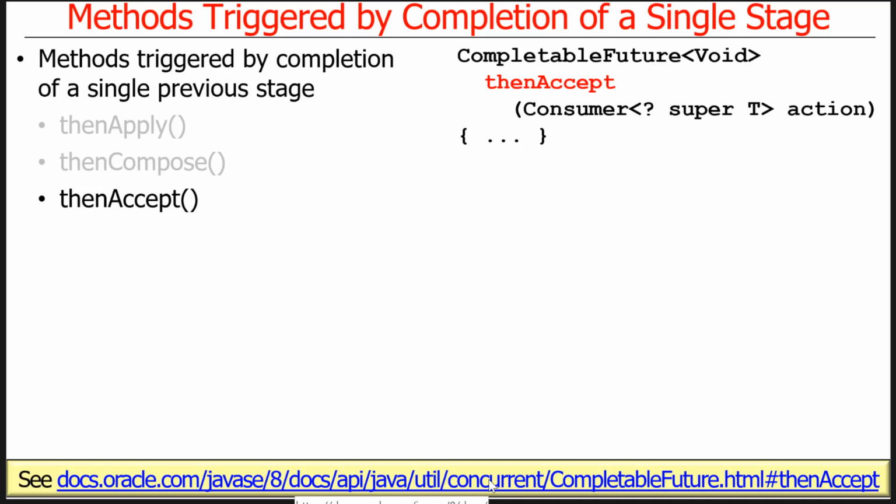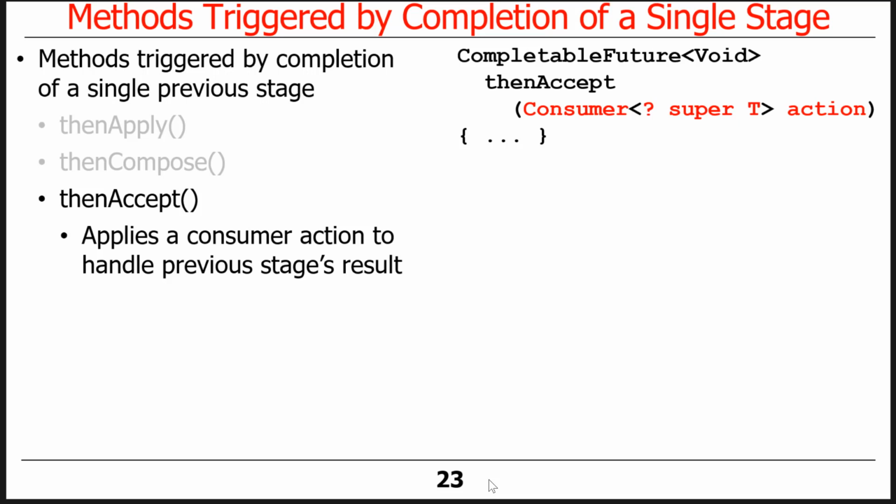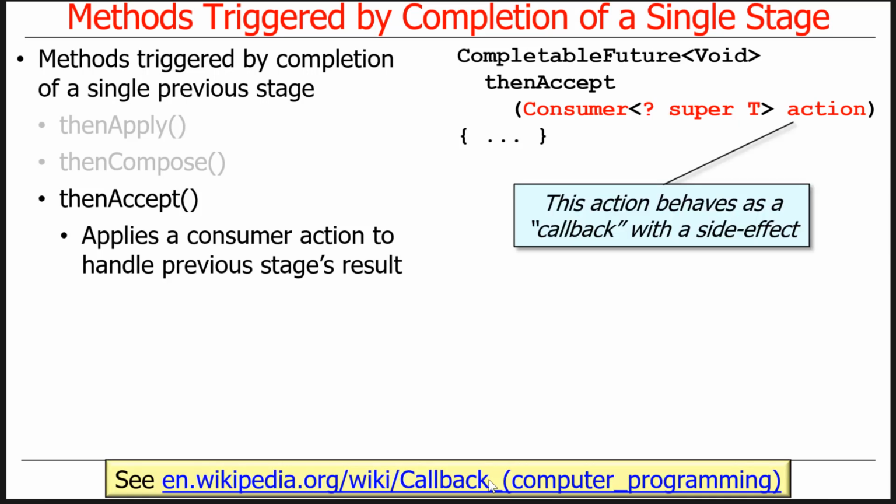assignment number 4. The next method is thenAccept, and this is quite simple, but it also has some sinister dimensions to it. thenAccept takes a Consumer action, and when the previous stage completes, it will apply the action to the result from the previous stage. And basically, this action behaves as a callback with a side effect.